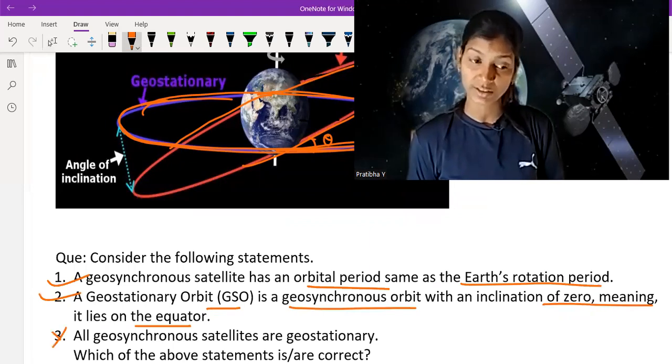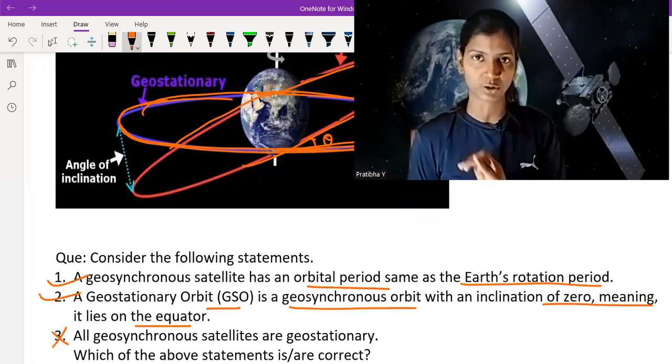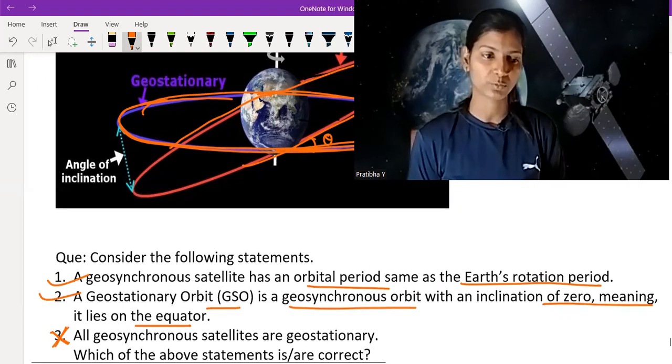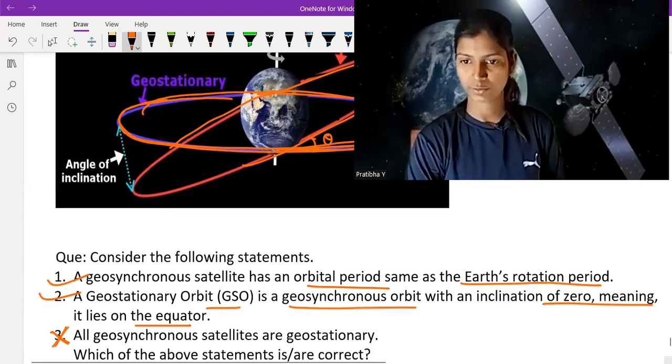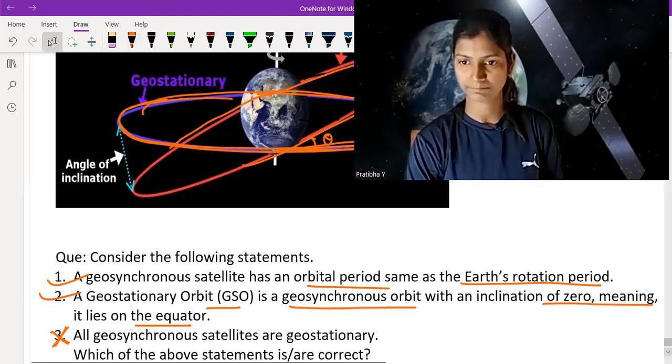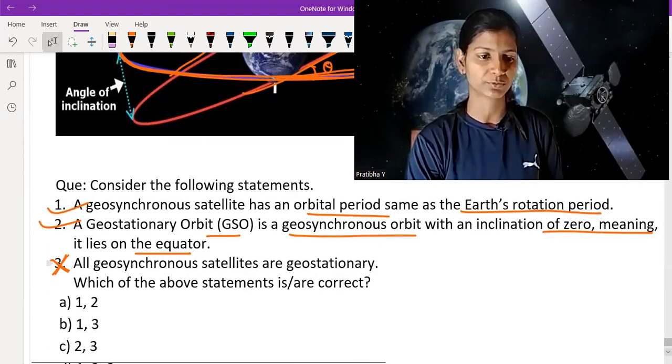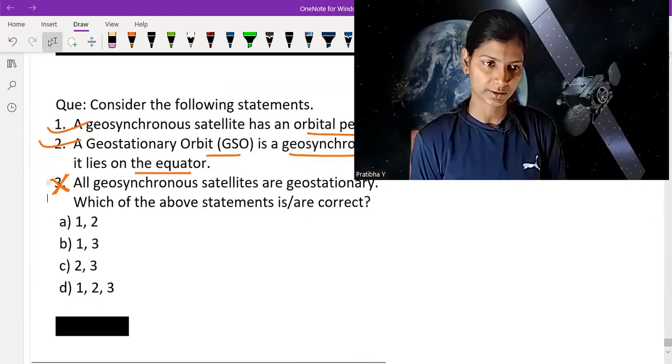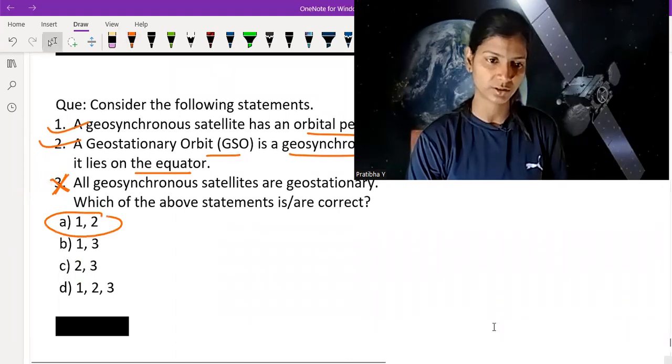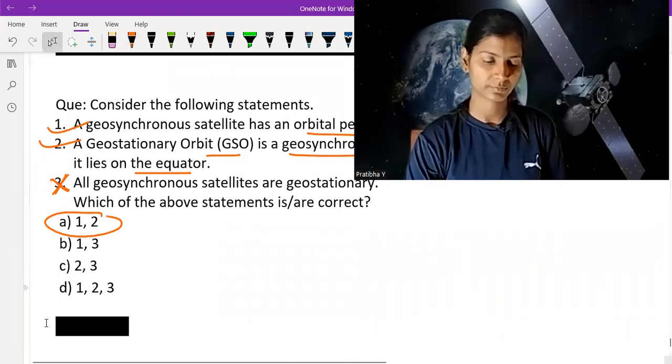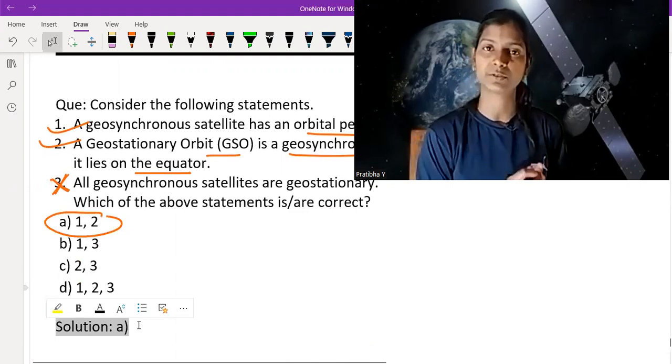No. All geostationary is geosynchronous, but all geosynchronous is not geostationary. That means option 3 is wrong, so options 1 and 2 are correct. That means option A is correct. So we are on the right path.